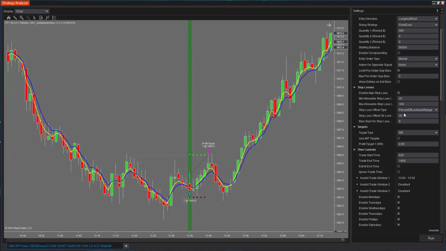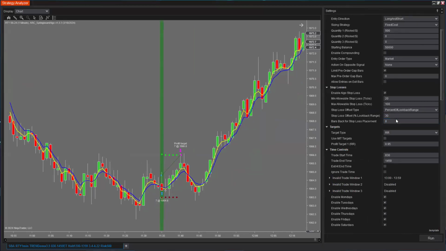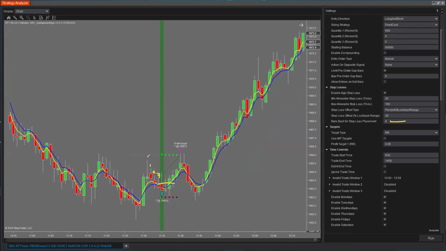So in this case, they're doing 30%. And then bars back for stop loss means how far back is it going into the range at a maximum to calculate that. Correct me if I'm wrong, Jeff, but that's the way I understand it. Sorry, say that again. I was typing an answer. Say it again. That's okay. So with this bars back, does that mean like the max number? So right here we have 1, 2, 3, and then our 4th bar, the break.